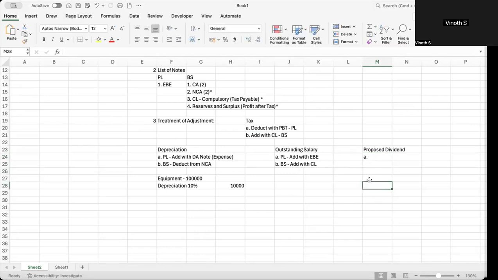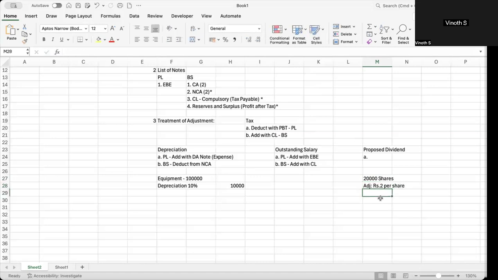The share numbers will be available along with the share capital in the trial balance, or the question may give you how many shares. Assume in a company, 20,000 shares are there. In the adjustment, it is mentioned that the company proposed a dividend of rupees 2 per share.